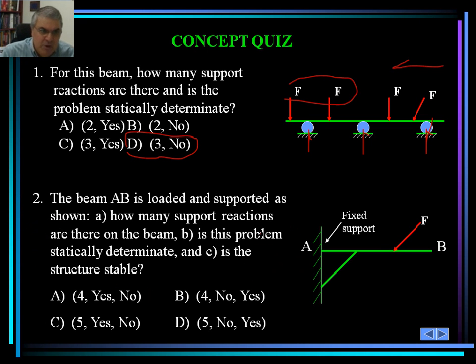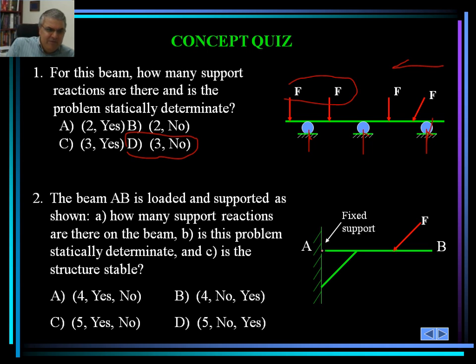The beam AB is loaded and supported as shown. How many support reactions are there on the beam? Is this problem statically determinate? And is the structure actually stable? So let's identify the support reactions.